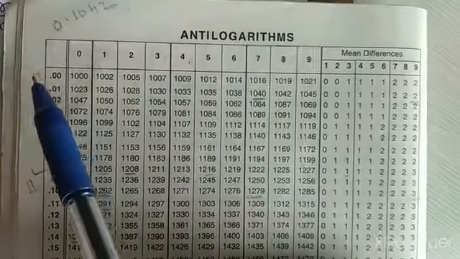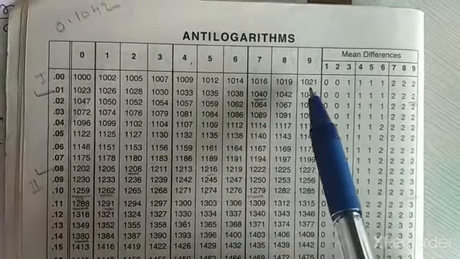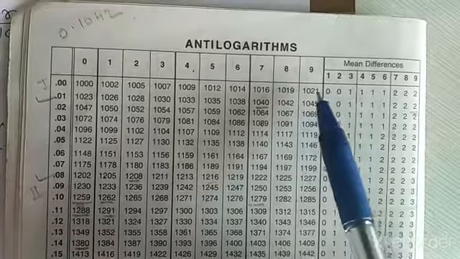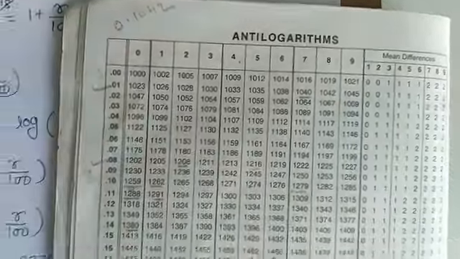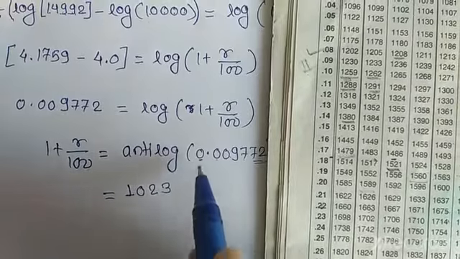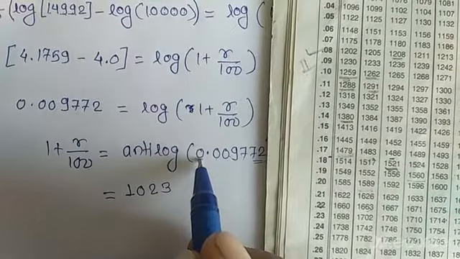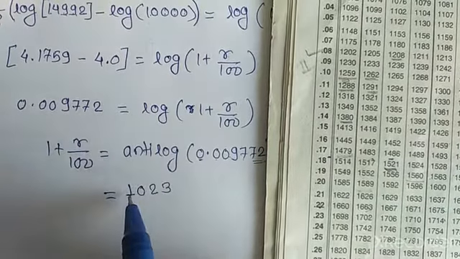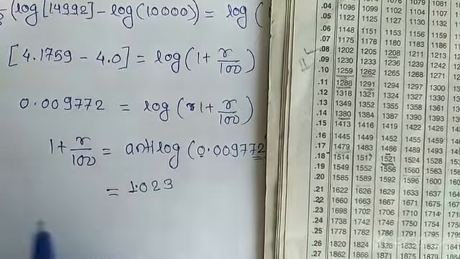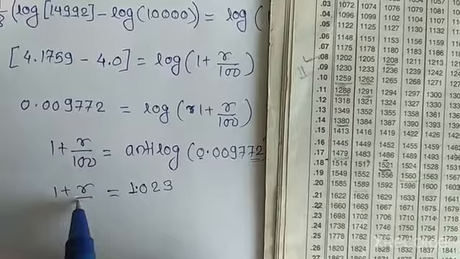So here 0.009 is 1021 and for 7 is 2, so it will be 1023. So here characteristic is 0, so we have to put the decimal after 1 digit. So 1.023, which is equal to 1 plus r upon 100.